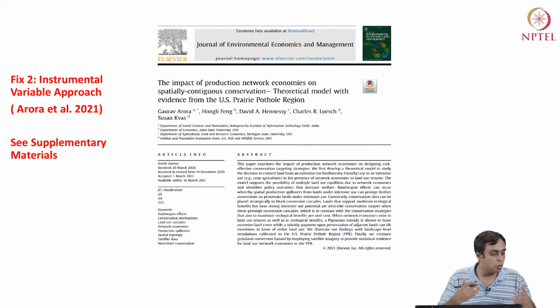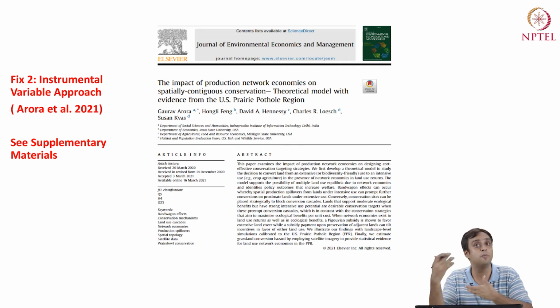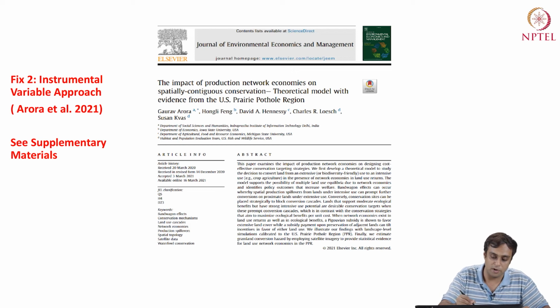I am going to go over this idea of an instrumental variable approach very briefly because of lack of time, but you can go back and study instrumental variables for identifying endogenous effects in general, not just endogenous spatial effects, in Wooldridge's book. So I am going to provide steps for the IV estimation approach.